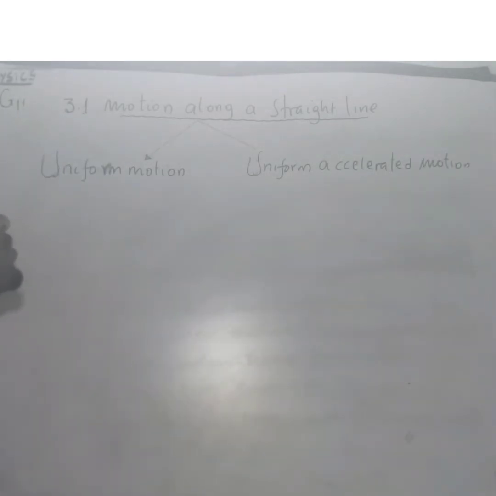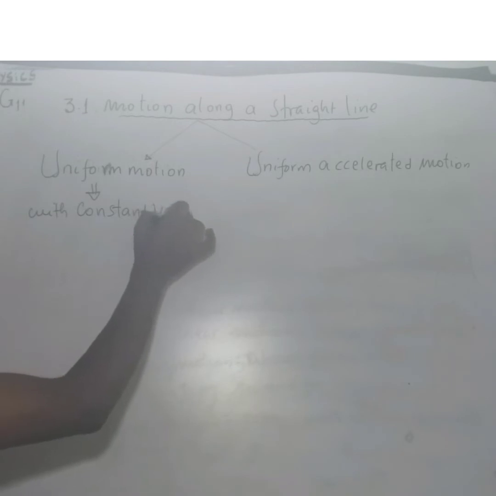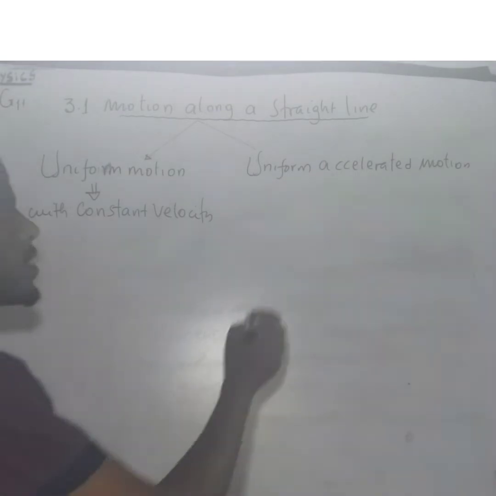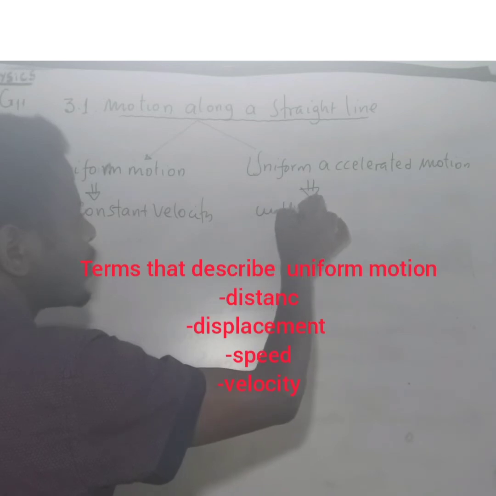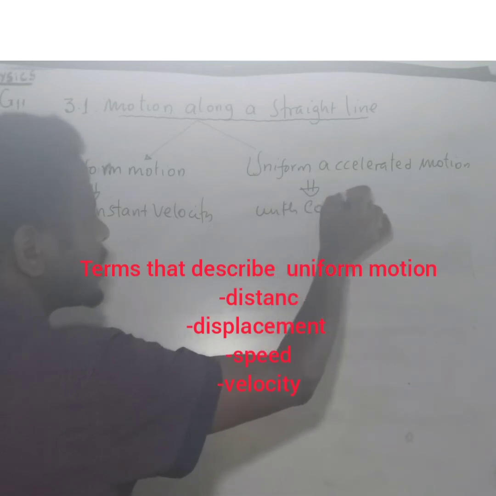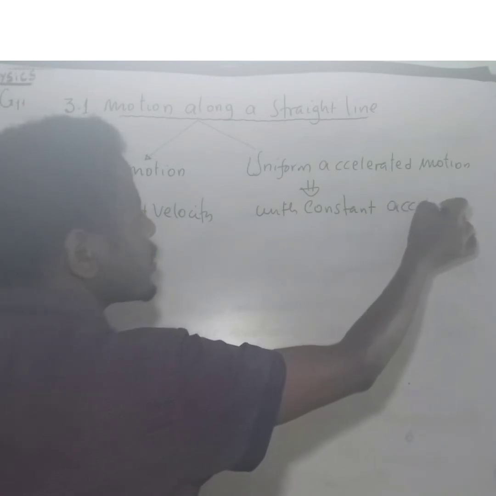The first one, uniform motion, is a motion with a constant velocity, and the second one, uniformly accelerated motion, is a motion with constant or steady acceleration.